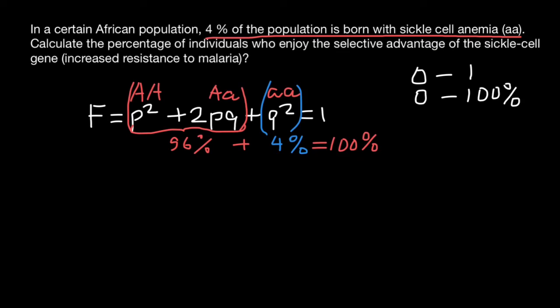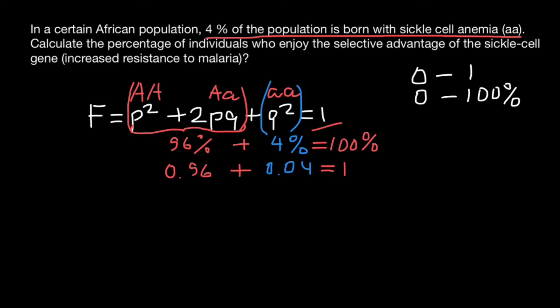But in statistics, and this is a statistical problem, we usually work with numbers between 0 and 1, where 1 equals 100%. And on this scale, 4% is going to be 0.04. And for example, 96% would equal 0.96. Again, if we combine these numbers, we are going to get 1, just like we see here.